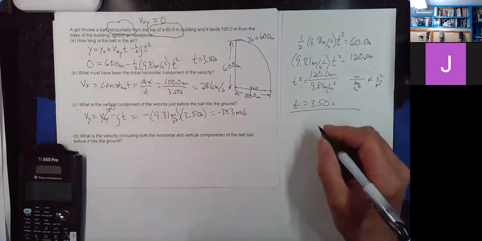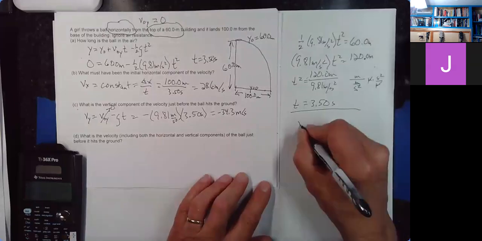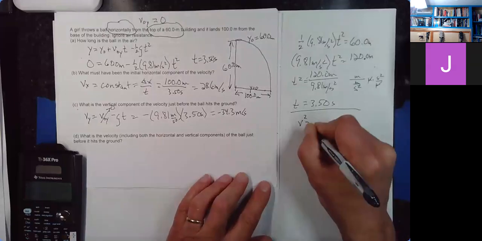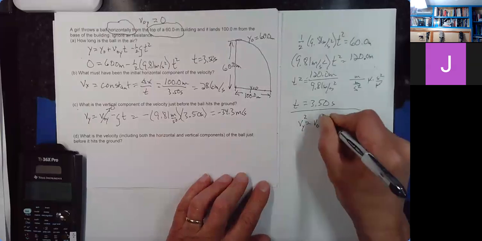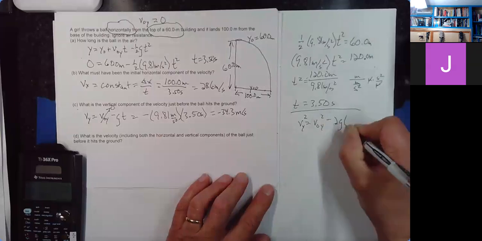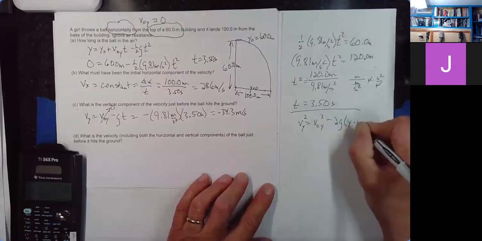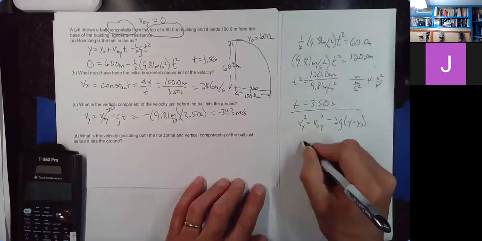There's one shortcoming of that equation, and I'll show it to you here. v sub y squared equals v naught y squared minus 2g times y minus y naught. Okay, and if I look at this, v naught y is 0.